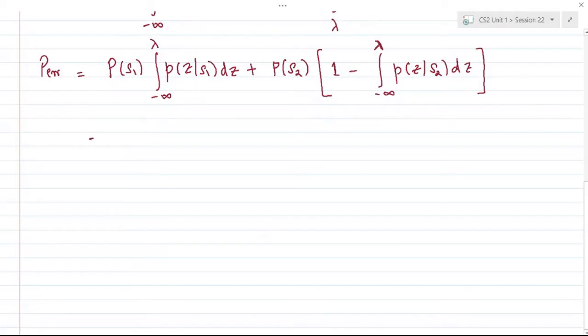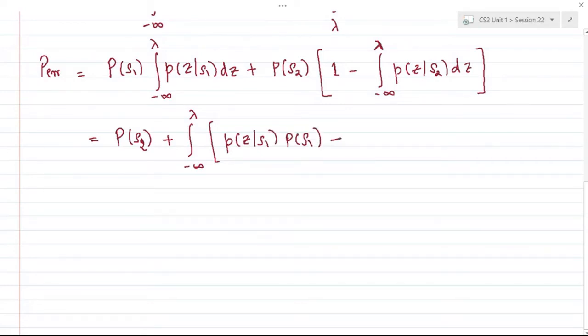So just to keep it in a more compact form, if I expand this, it is the probability of S2, which gets multiplied by 1, and I can group the integral part, which is the integral from minus infinity to lambda, as a common term, and what is in the bracket is the probability of Z given S1 times the probability of S1 minus the probability of Z given S2 times the probability of S2, dz.